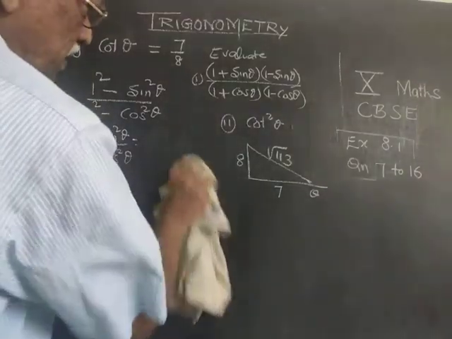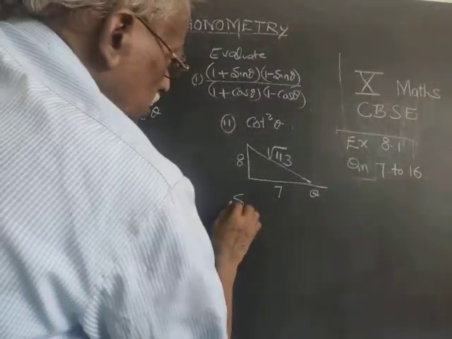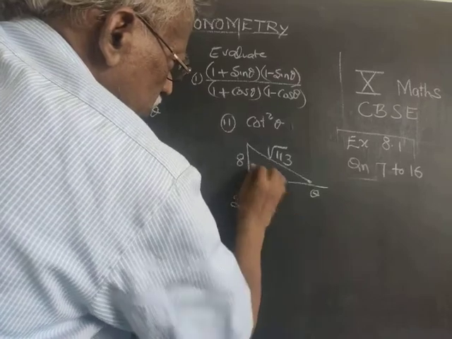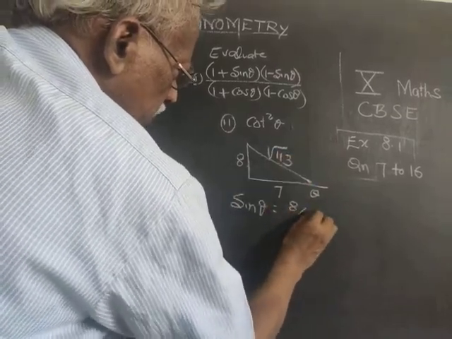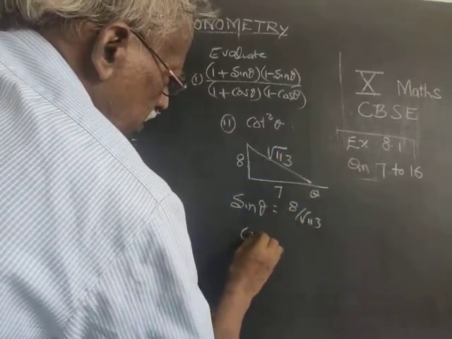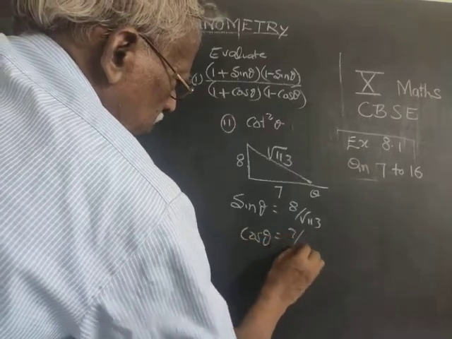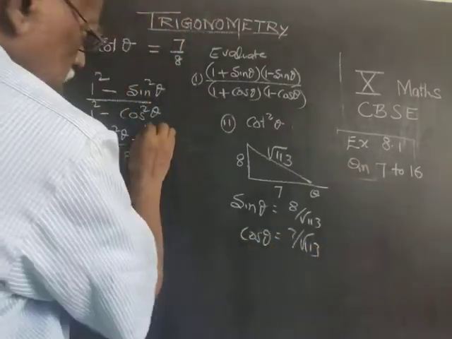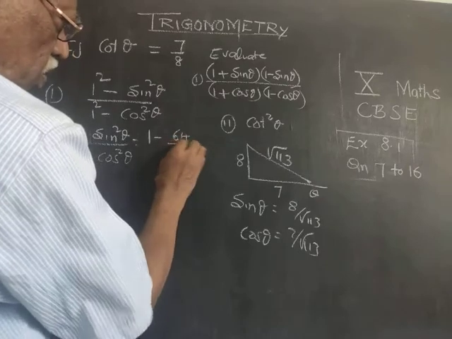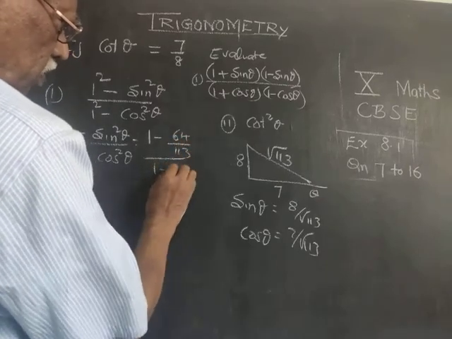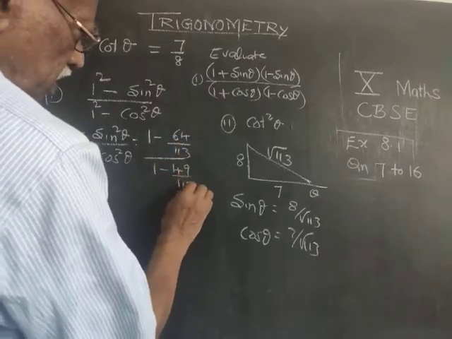So what happens to sin theta now? Sin theta is opposite by hypotenuse, so 8 by root 113. And cos theta is adjacent by hypotenuse. So this becomes 1 minus 64 by 113, and this becomes 1 minus 49 by 113.